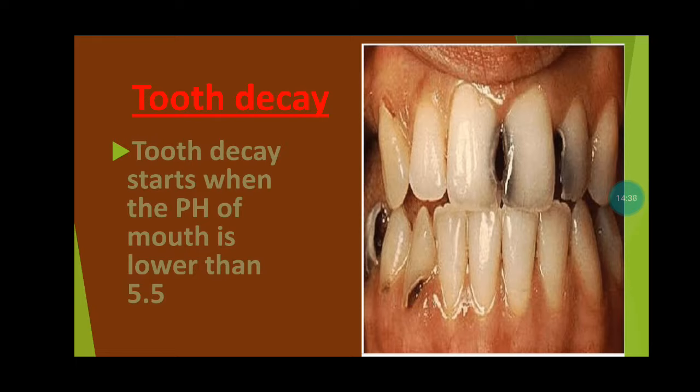When we eat sugar particles or food particles, they break down and produce bacteria, and these bacteria produce acids, and the saliva or the plaque on the tooth will be acidic in nature, and this will damage the tooth enamel.